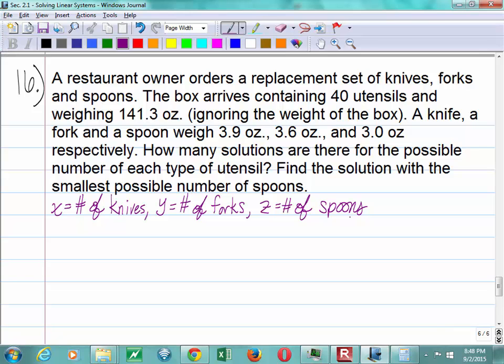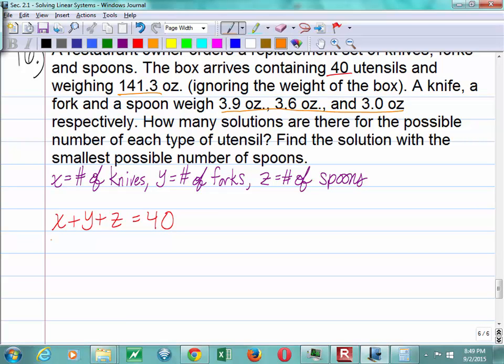So we know that there's a total of 40 utensils. So that tells me x plus y plus z equals 40. And then we know the weights and what the weight adds up to. So that's going to be 3.9x plus 3.6y plus 3z equals 141.3.